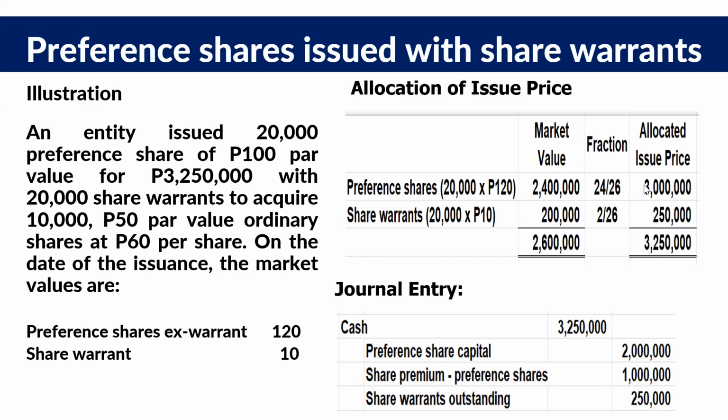Since the amount allocated to preference shares is 3 million and the par value is only 2 million, the excess of 1 million is our share premium. Then we recognize share warrants outstanding amounting to 250,000, based on how much was allocated from the issue price. So this will be our journal entry.